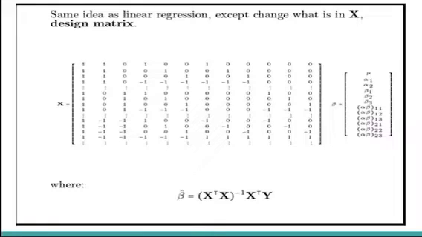Now, what if I want to talk about beta 1, beta 2, beta 3? 3 levels. I will use the idea of an identity matrix: 1, 0, 0, 0, 1, 0, 0, 0, 1. This is an identity matrix. The only thing I'm going to do is repeat this depending on the number of groups.